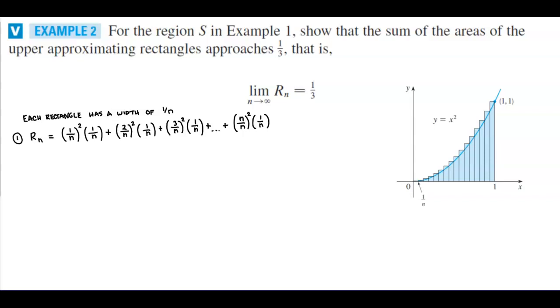Okay? So now let's factor out a 1/n because each particular term has a 1/n.